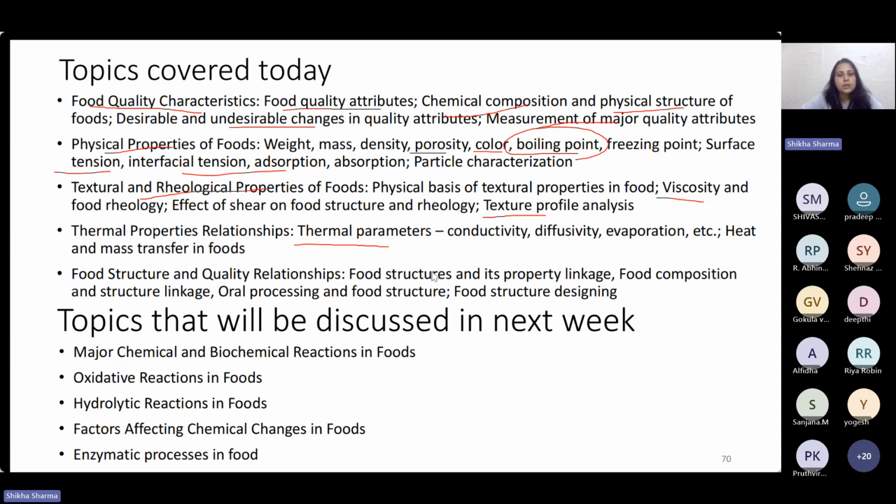Then the thermal properties like heat transfer, conduction, convection, radiation. And finally the food structures, and how physical properties like porosity affect the food compositions, and how composition also affects the structures and quality.